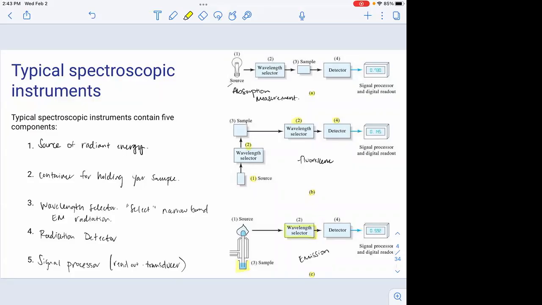And then that detector here is going to detect how many photons are actually coming off of that flame. So, like I said, all of the components are there, but the position varies, and the reason for it being in a particular spot varies.